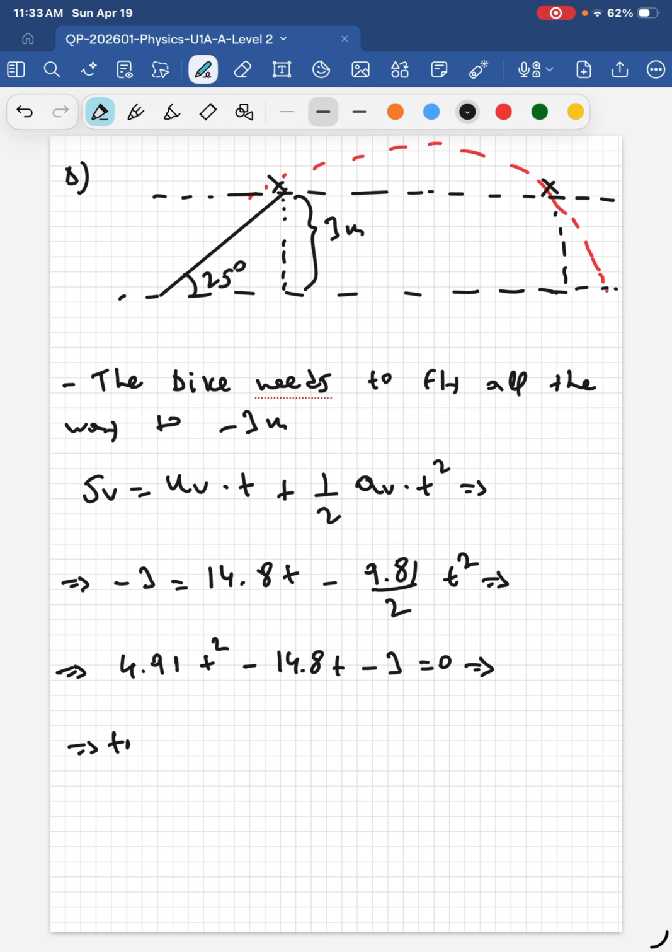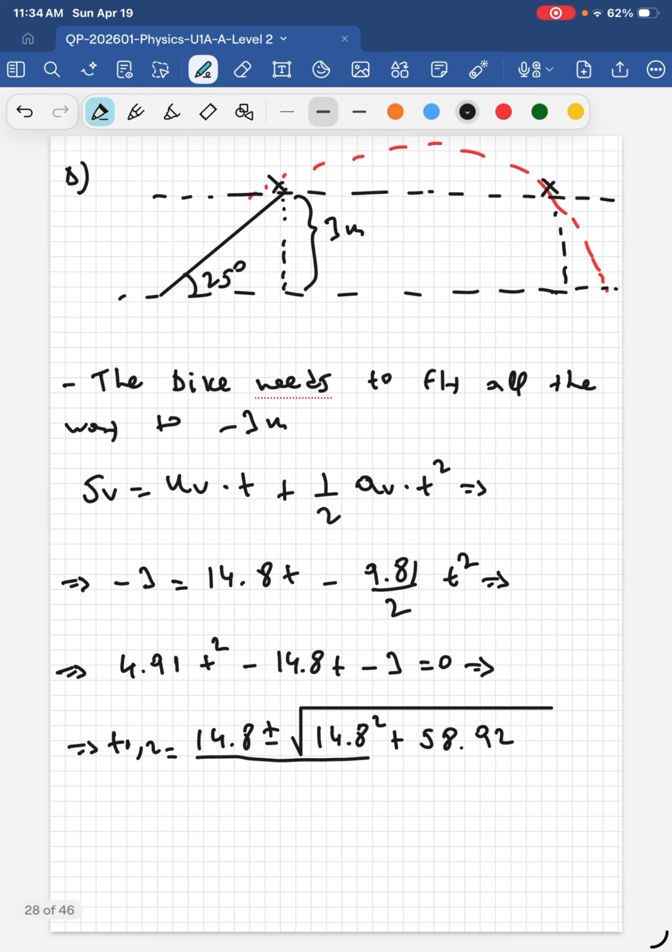So T is 13.8 plus or minus the square root of 13.8 squared plus 58.92, over 2 times 4.91.